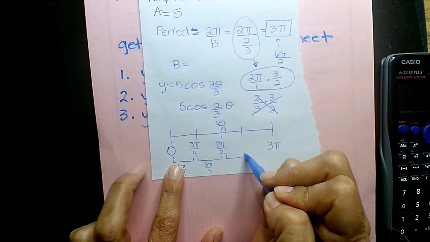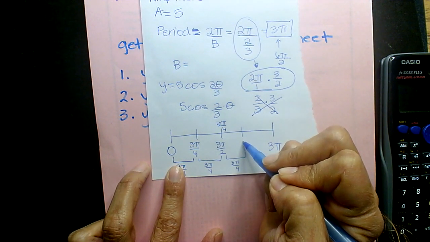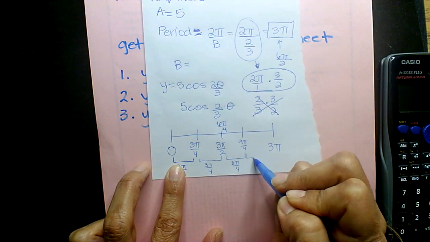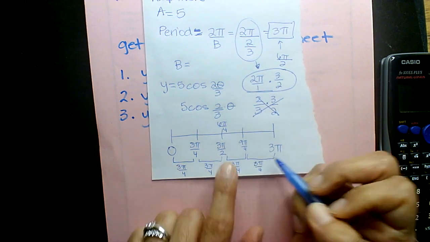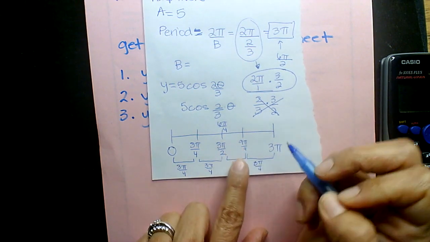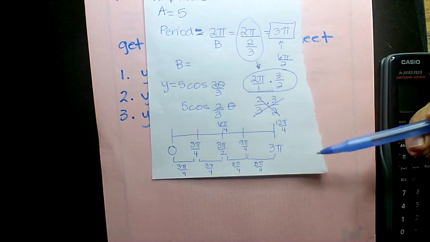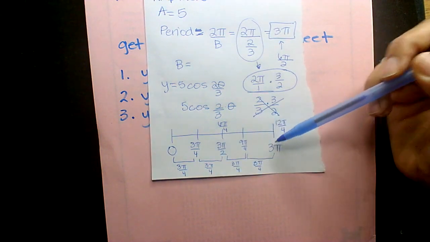Now go another 3 pi over 4, and that would be 9 pi over 4. Another 3 pi over 4 gives 12 pi over 4, but if you reduce, 4 goes into 12 3 times.